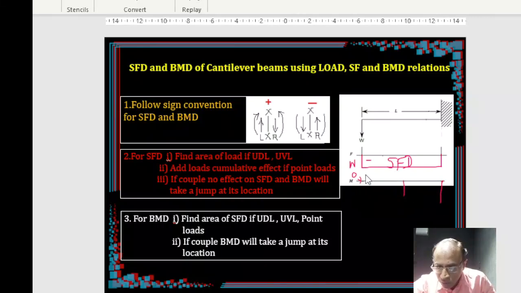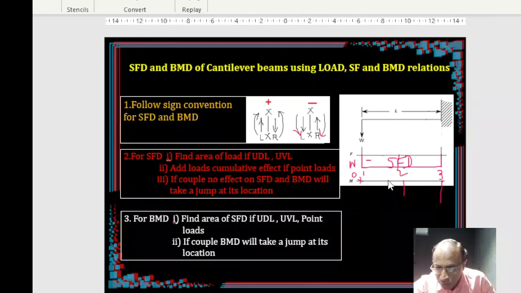First point 0, second point and third point. Bending moment also, because this kind of bending moment is load into distance, right? So when you are on the left of the section, this kind of moment we have told negative. Okay, so this is a negative moment, so downward side only you can draw. So at point 1, 0, and then here you take the area up to this part, then you will be getting the ordinate here. You take the area from the beginning to here, then you get the ordinate at this particular point 3.